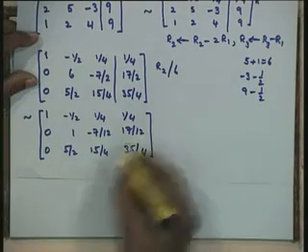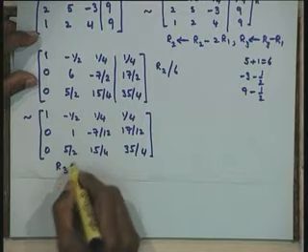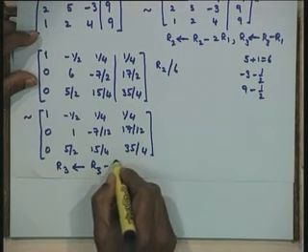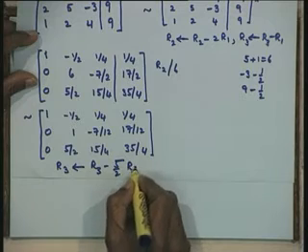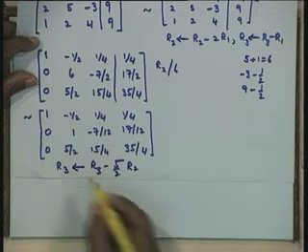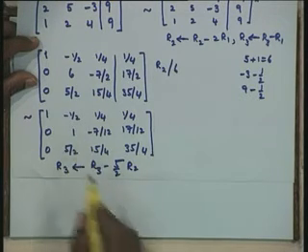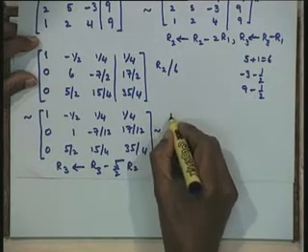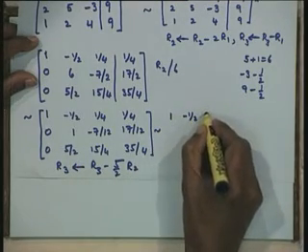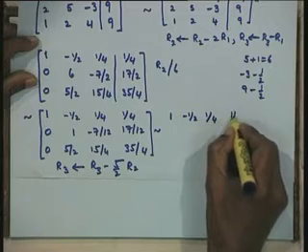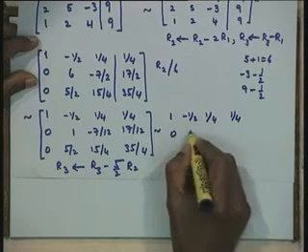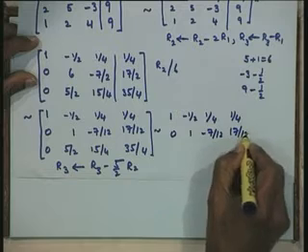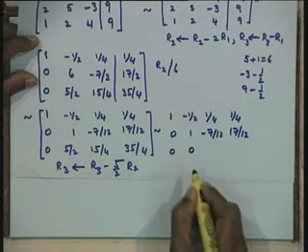Now, I need to perform the operation row 3 is row 3 minus 5 by 2 of row 2. So, I have to subtract from here 5 by 2 times this, so that this will become 0. Then I will have the equivalent system: 1, minus half, 1 by 4; 0, 1, minus 7 by 12, 17 by 12; 0, 0.